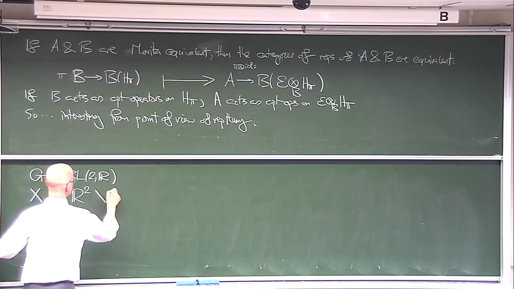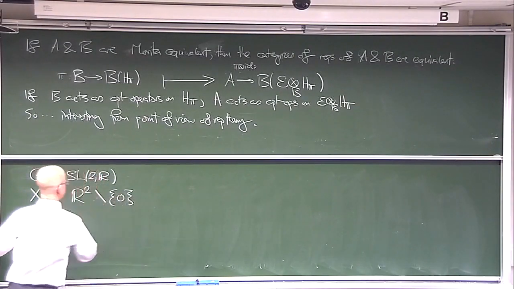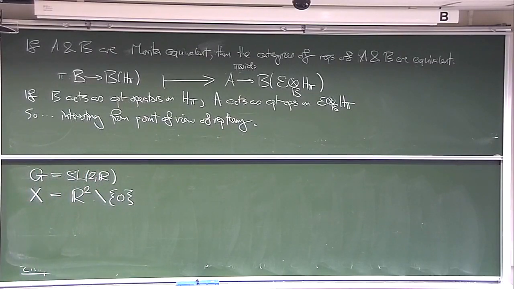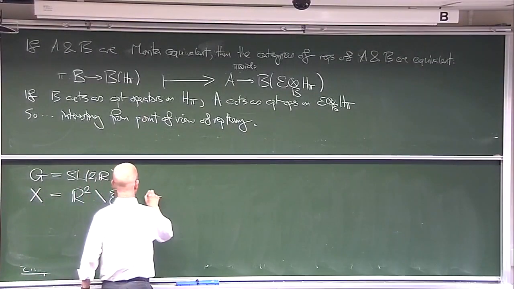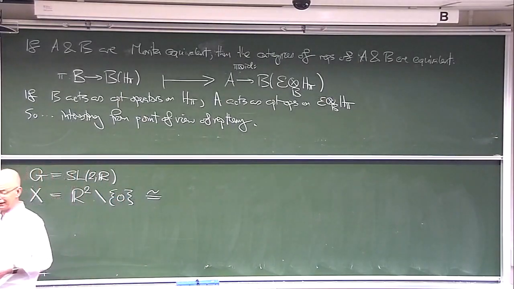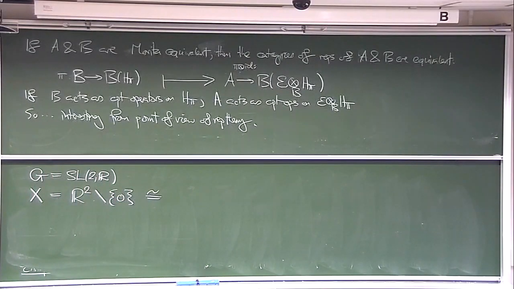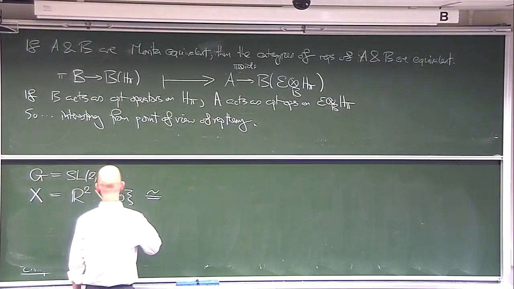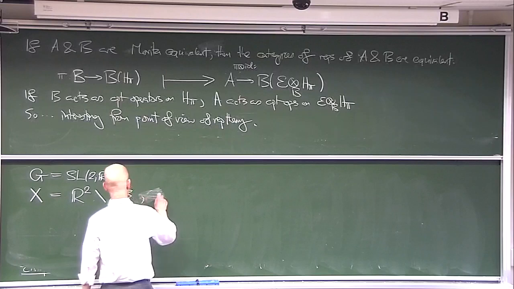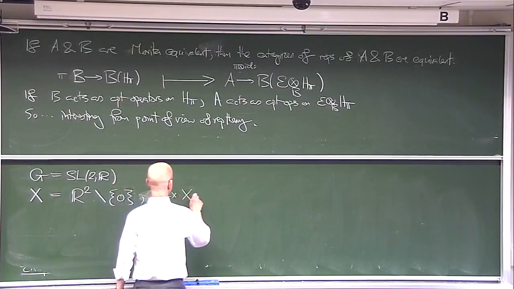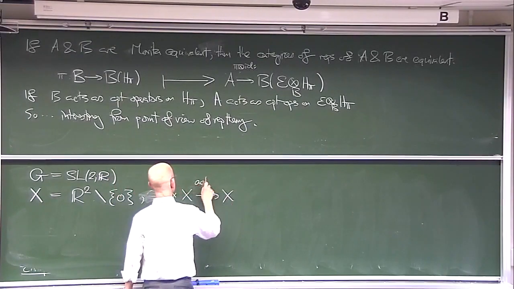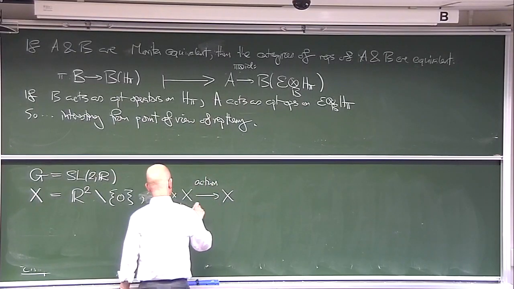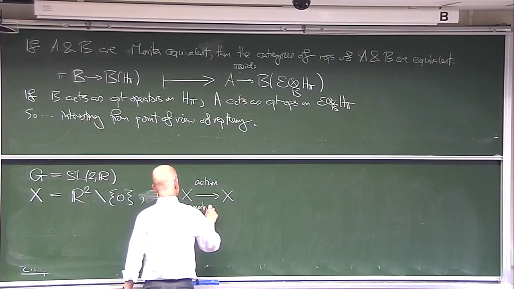I want to take every point in the plane apart from 0. The plane is just the standard two-dimensional vector space, and these are 2 by 2 matrices. So each matrix can be multiplied against any vector in this space, and I get another vector. So there's an action just by what's called matrix multiplication on vectors.